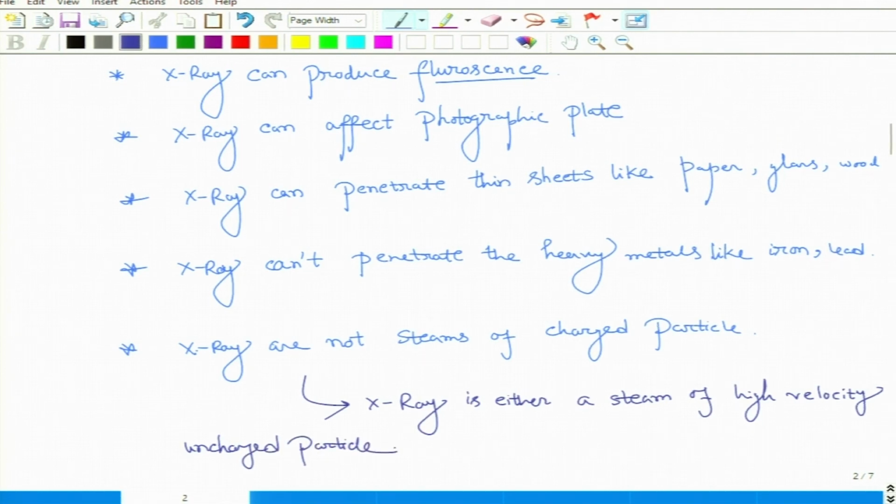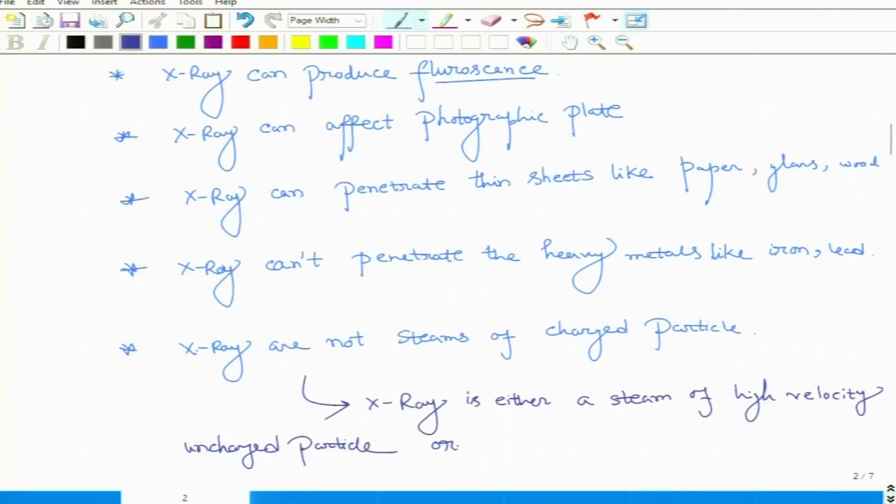Why high velocity? Because that's why it looks like a ray. Cathode ray is not actually a ray. We know ray means wave, but cathode ray is a flow of electrons. Electron is a negatively charged species, but it moves with a high velocity. That's why it looks like a ray. So it's possible in the case of X-ray also that it's a flow of high velocity uncharged particles, right? Or what else can it be?